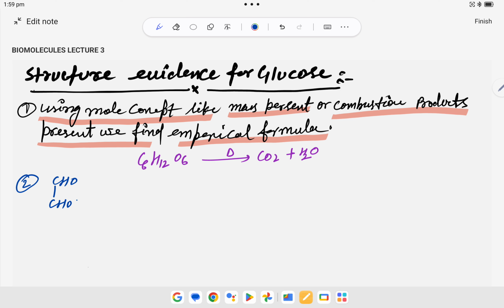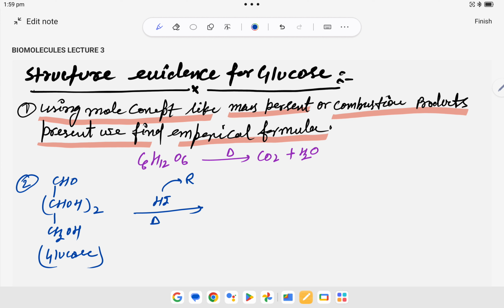CHO, CHOH four times and CH2OH. That is your glucose, children. If you are heating this in the presence of HI, what is HI? A reducing agent, a powerful reducing agent.